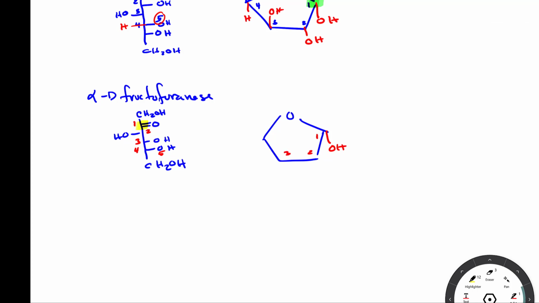So at carbon number 2, the OH is going in the upward direction. I think it's going in the upward direction. Yeah, it's going in the upward direction. And 3 is like this. And let's see, what else do I have here? Oh yeah, and then on carbon number 4, I have this.